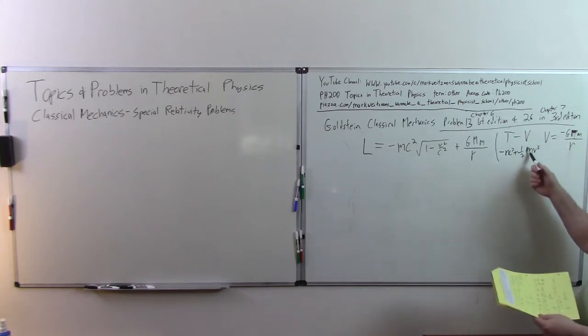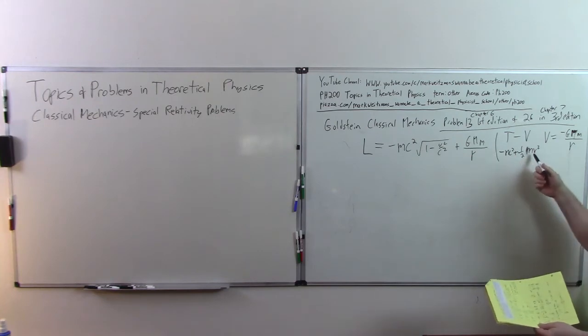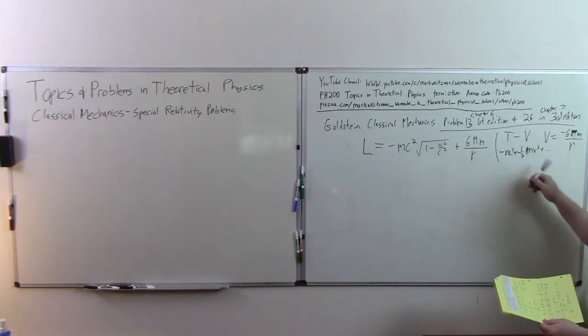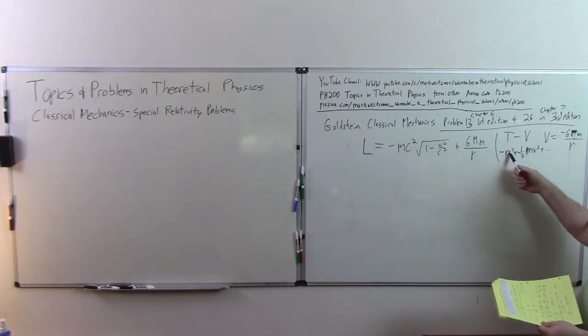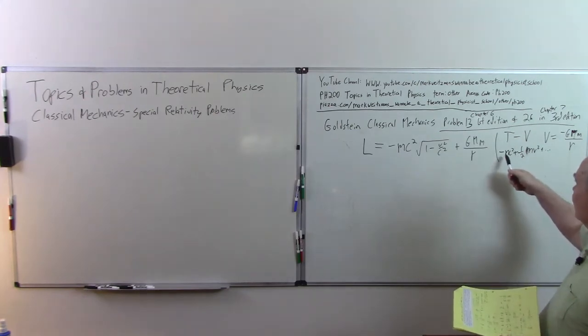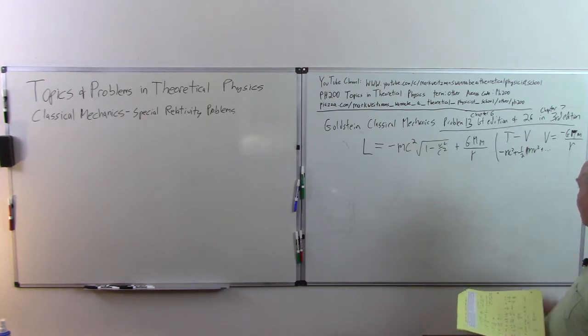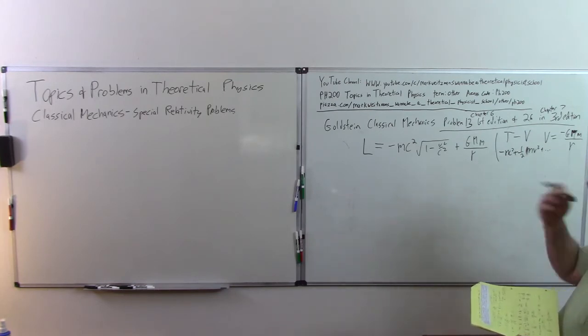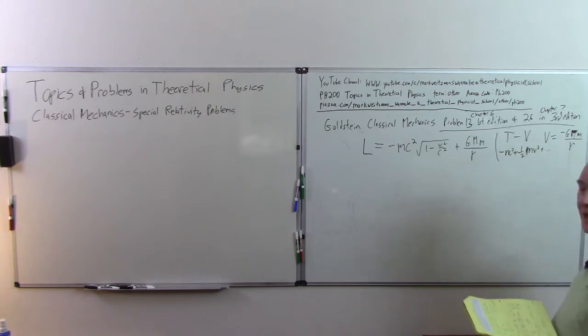So this really is the Newtonian kinetic energy. We take off the rest mass energy, because in relativity we have a rest mass energy. When we subtract it, we're just left with the kinetic energy. It's a constant anyway, so it doesn't really matter.